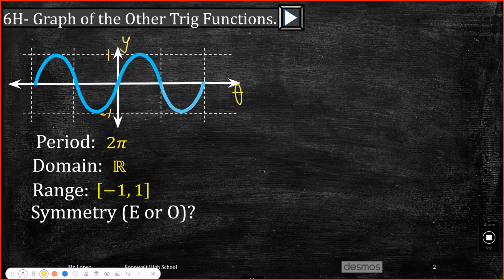So what is an even and what's an odd function? Let me show you. Okay, let's go over this. Someone go ahead and write this down. You've got x and you've got y, and you've got this graph going like this.